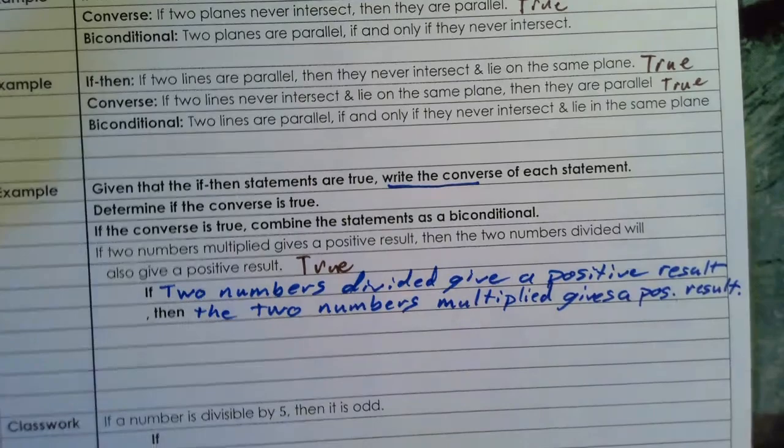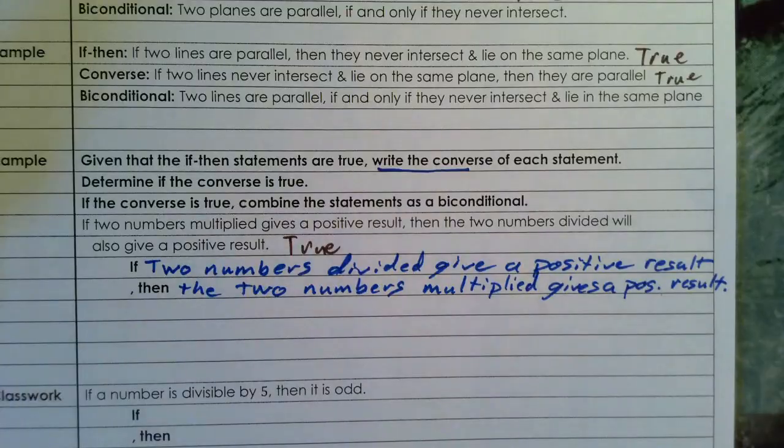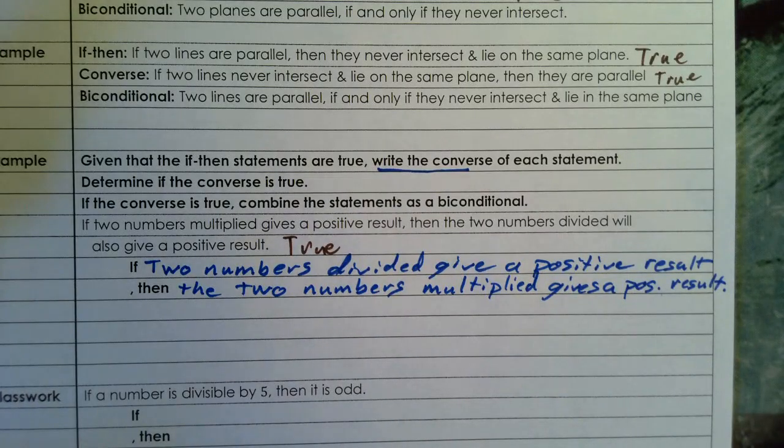Not quite enough space. Oh gosh, that's crooked. Sorry. So if two numbers divided give a positive result, then the two numbers multiplied gives a positive result. Just a little switcheroo right there.